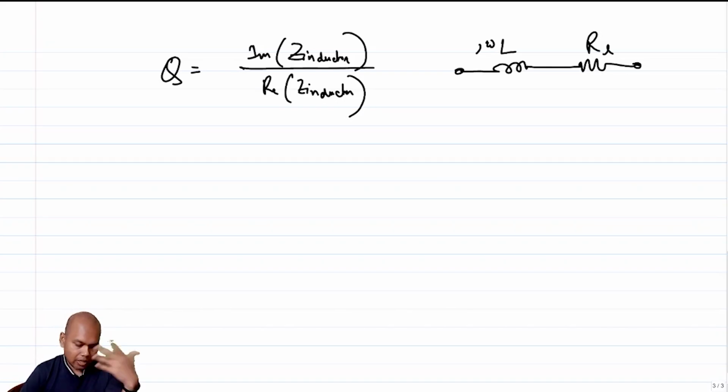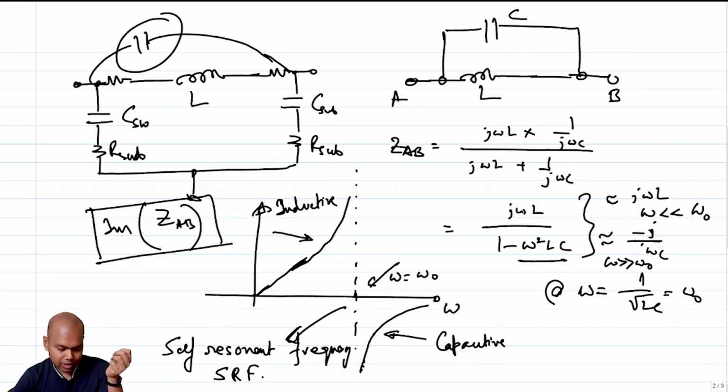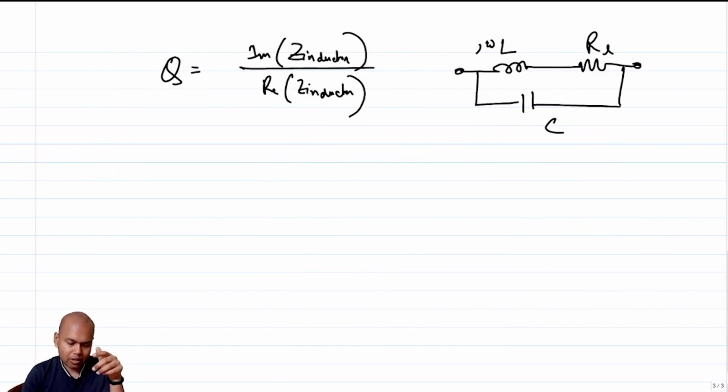Correct? The other thing that you should keep in mind is that we have this capacitor also, right? That will also give rise to a self-resonant frequency. And as you can see, depending upon where you want, you would want your inductor to behave like an inductor, or you want your inductor to behave like a capacitor.